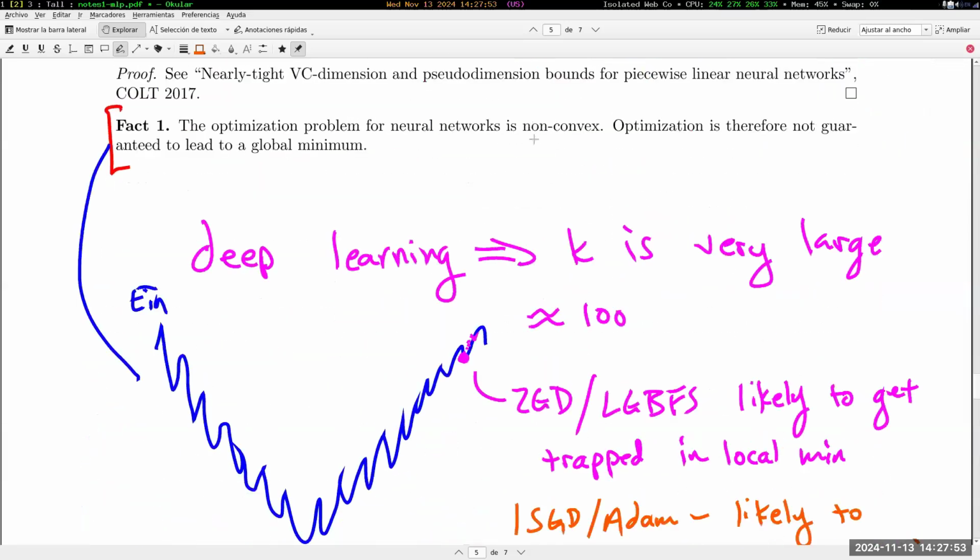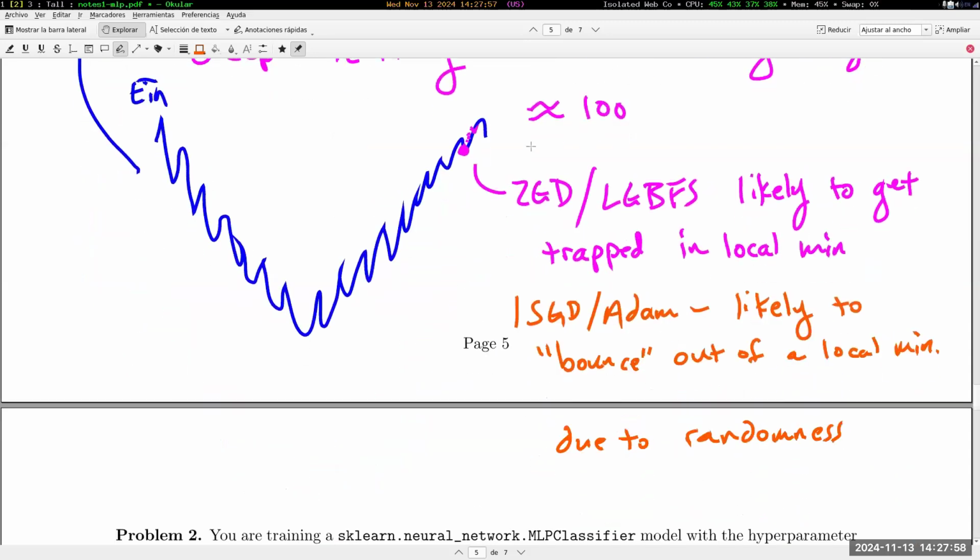We don't understand very well exactly what this non-convex shape looks like. But this is one of the stories that people like to tell, is that, again, without randomness, you're likely to get stuck inside of a local minima. But if you have randomness about where you move, then that's going to take you out of a local minima, and you might not find the best one, but you'll get at least closer to a global minima.